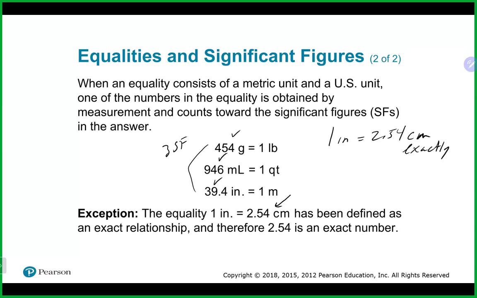You could consider it an exact conversion. But pretty much all other metric to English conversions, which are all these, you do have to look at the significant figures when you're doing a calculation. And as we just talked about, when we use dimensional analysis, we're just multiplying and dividing. So significant figures is what you want to look at in terms of your answer as to where you should end up.